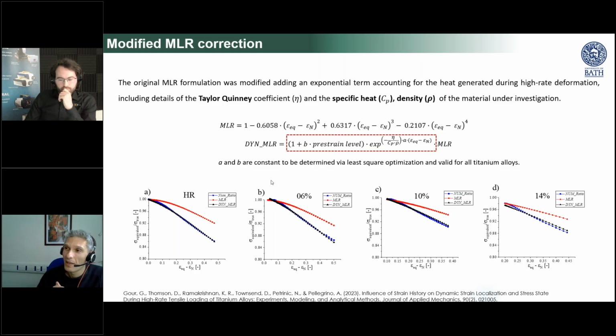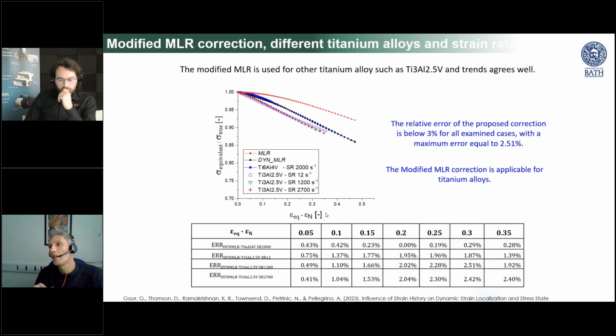So we assessed this formula with the A and B parameters we found on titanium 64 on another titanium alloy. We tested this modified correction curve on titanium grade 9, so titanium 3 aluminum 2.5 vanadium, which is another commercial alloy, at a wide range of strain and strain rate, and assessed the error between what we could measure by integrating experiments and numerical data, and the result of the correction factor.